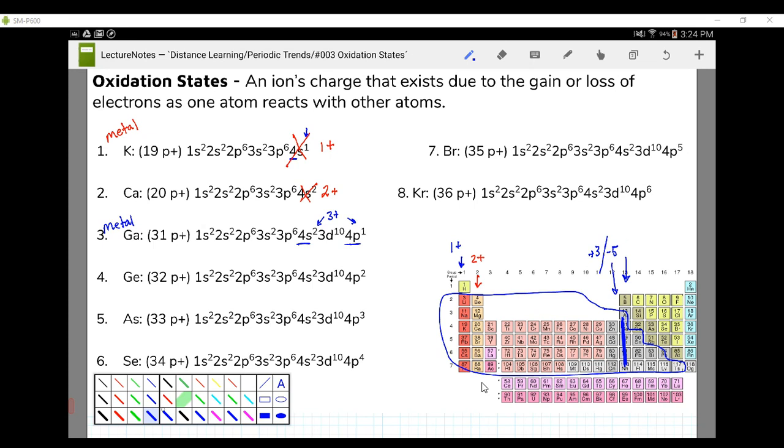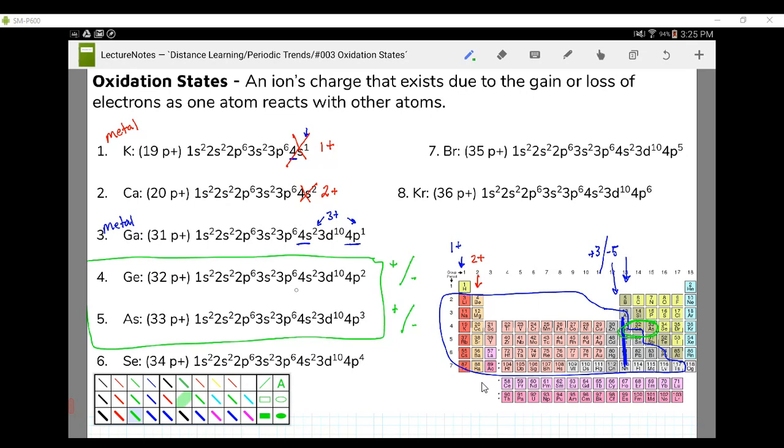If we continue looking at the pattern going across, germanium and arsenic. Now what's different here is if we look at our periodic table, germanium and arsenic are both metalloids. So just like boron, they can gain or they can lose electrons.